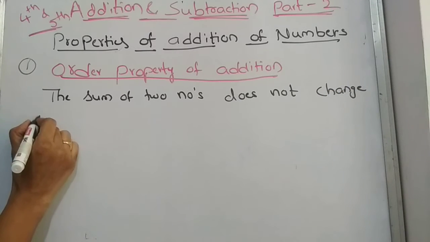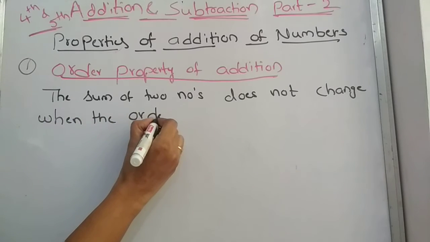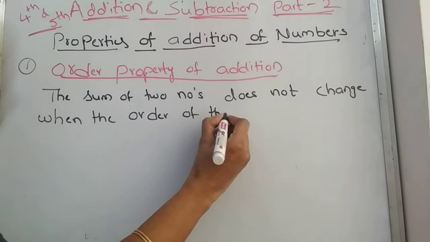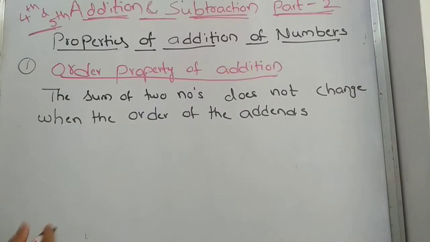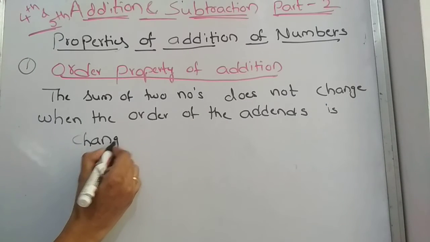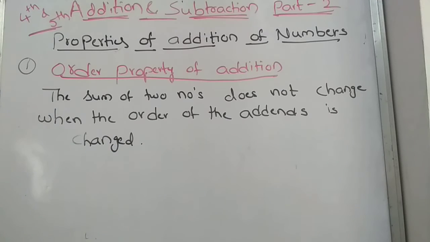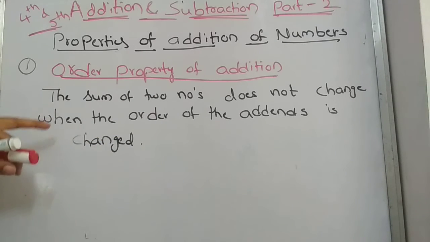Today's topic is properties of addition of numbers. This is the first property, order property of addition. What is the meaning of this? The sum of two numbers does not change when the order of the addends is changed.